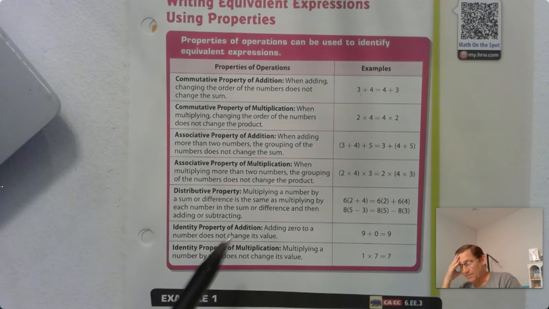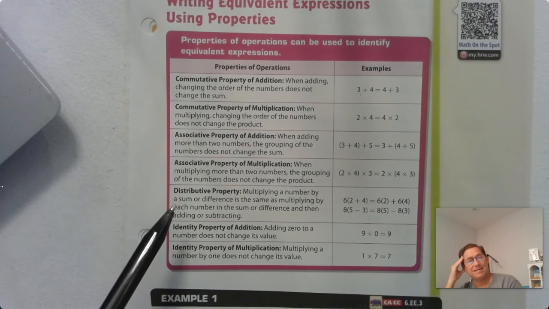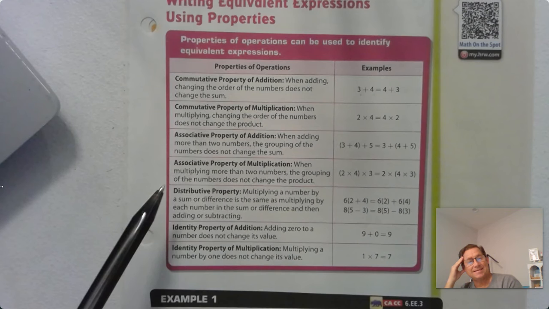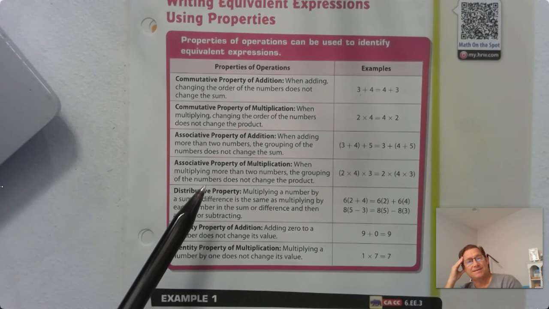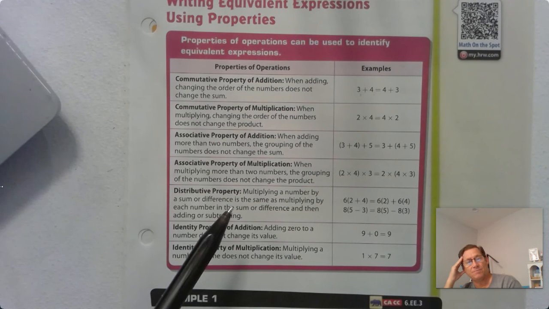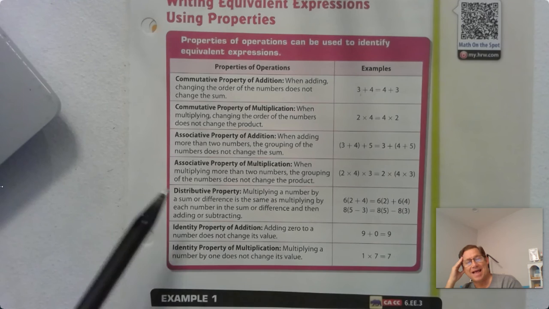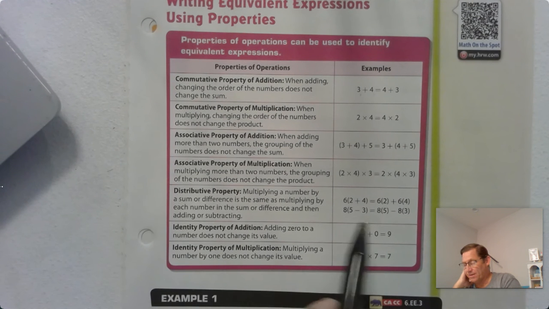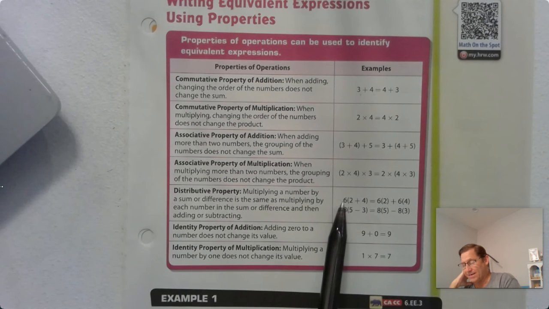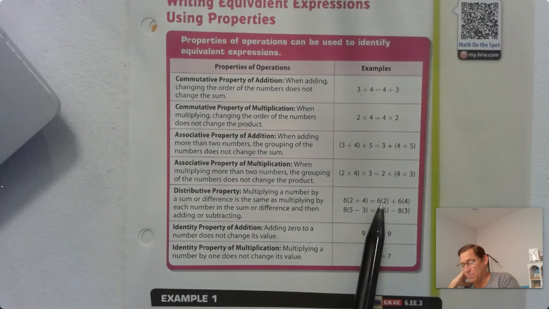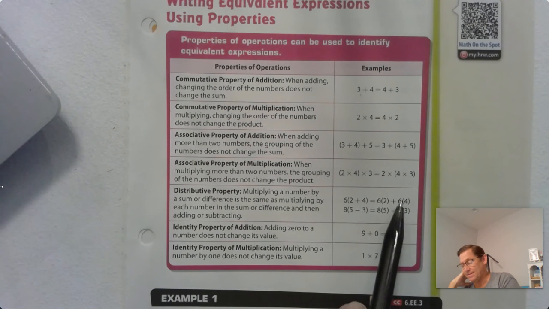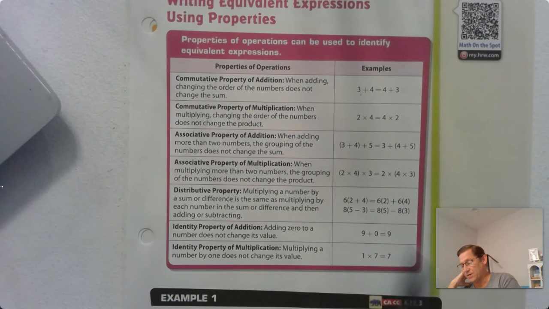Distributive property. So you'll recall that multiplying a number by a sum or difference is the same as multiplying by each number in the sum or difference and then adding or subtracting. So multiplying a number by a sum is the same as multiplying each number in the sum and then adding or subtracting.